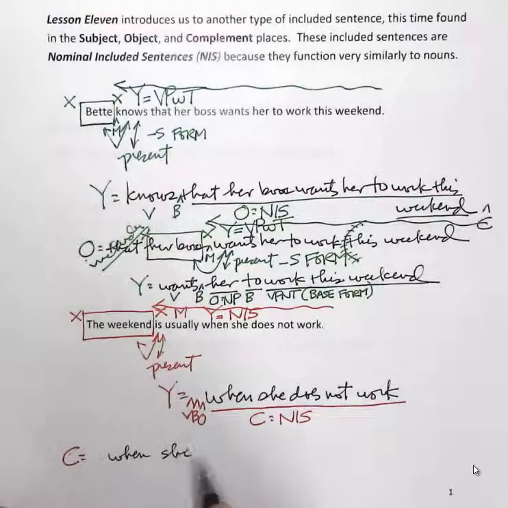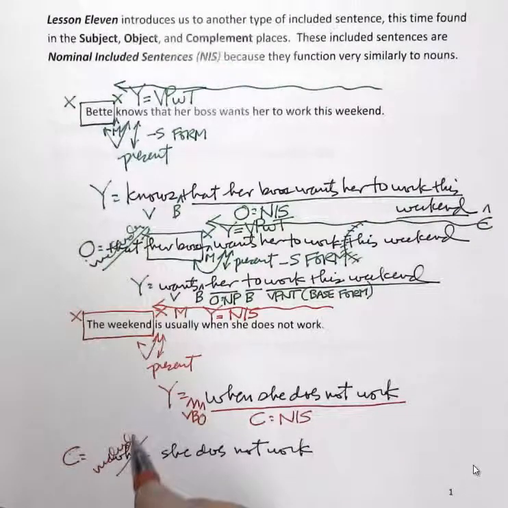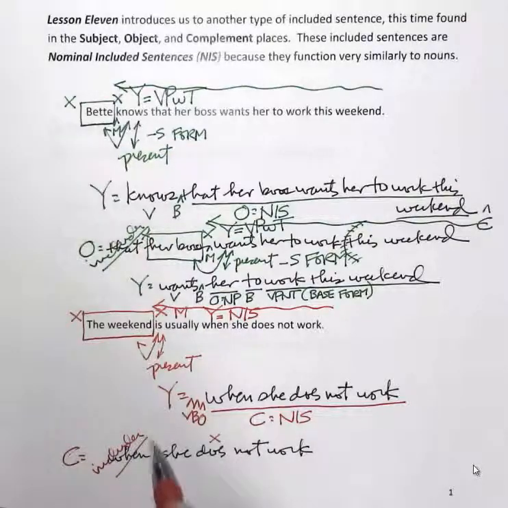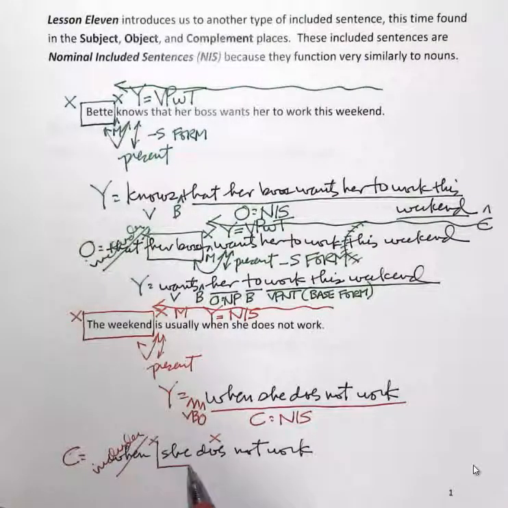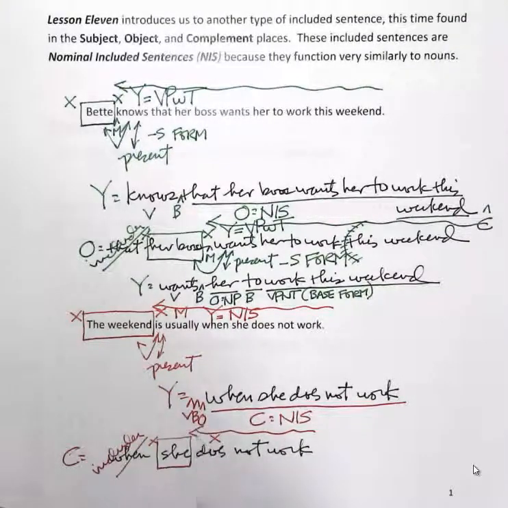When she does not work. When is the includer. Does is the X word. Does she not work? She is the subject. Predicate. M word. Why? Does ties with she. Does ties with present.